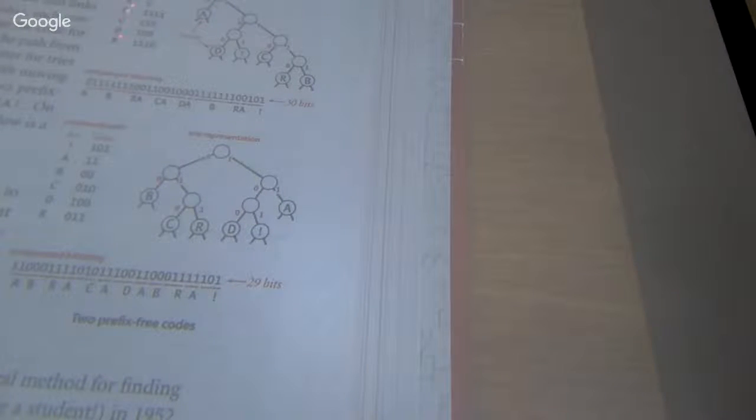So this is my key, A or B or C, my alphabet letters, and each of them need a code. So the authors of the book wrote down the codes, and then they constructed the trie corresponding to the code in the following way. I start at the root, then I go left with the 0 and I go right with the 1, because 0 is less than 1. Left on 0, right on 1.